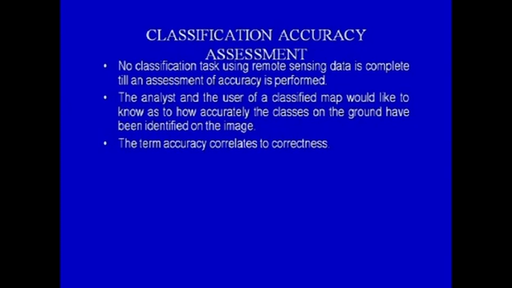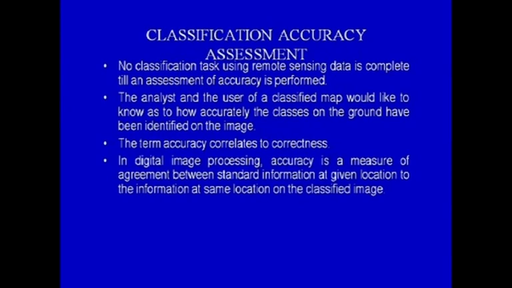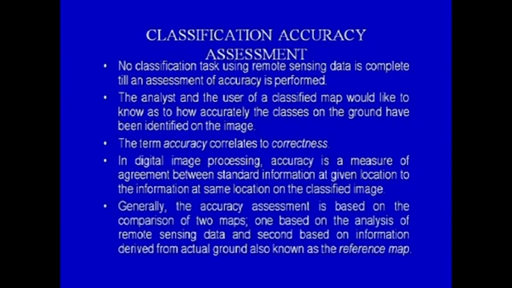The term accuracy correlates to correctness. In digital image processing, accuracy is a measure of agreement between the standard information at a given location and the information at the same location on the classified image.